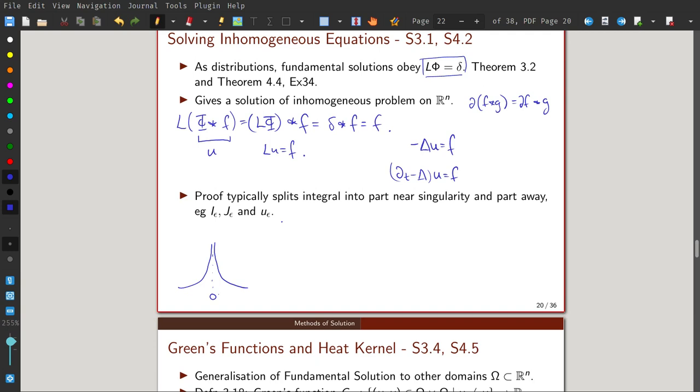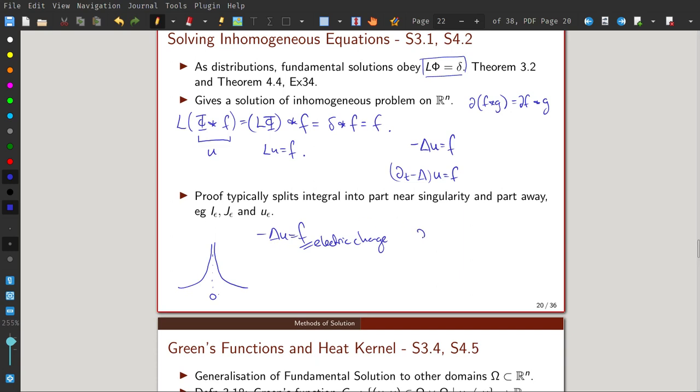I don't think we've mentioned this, but the Laplace equation describes an electric field around some electrical charges. So the inhomogeneous term in the Laplace equation, these are the electrical charges, the electrons producing the electric field U, for instance.